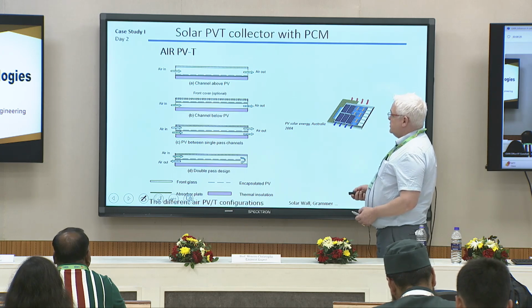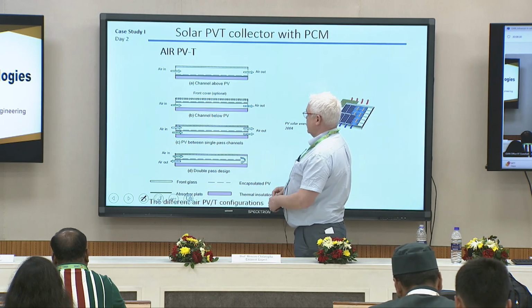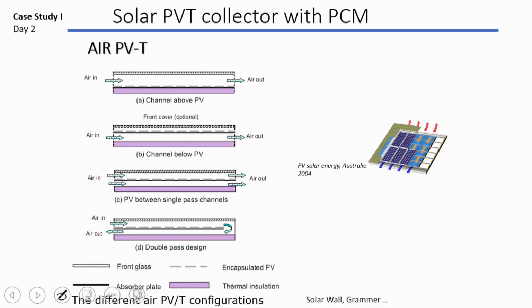With air, you can find different ways in the literature. So you can have a glass cover and, at the absorber level, a layer of PV cells. Okay.